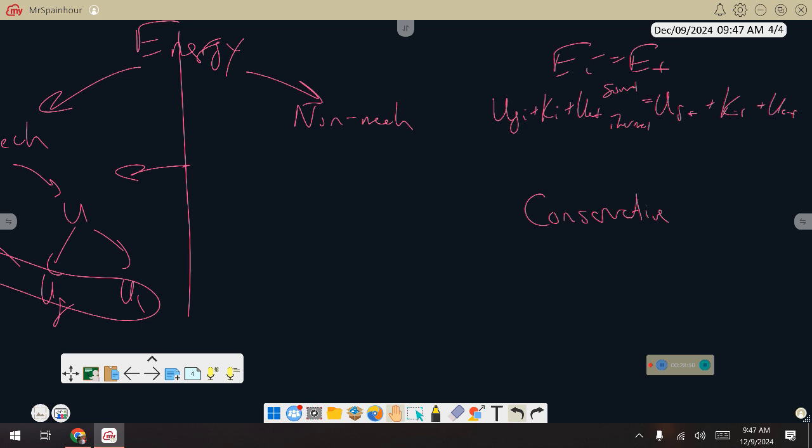Okay, if there are any non-conservative forces, well, now the energies go back and forth between the sides and it becomes a lot more complicated. The biggest culprit is friction, but a non-conservative force is basically everything that's not conservative, and the only two conservatives are gravity and elastic.